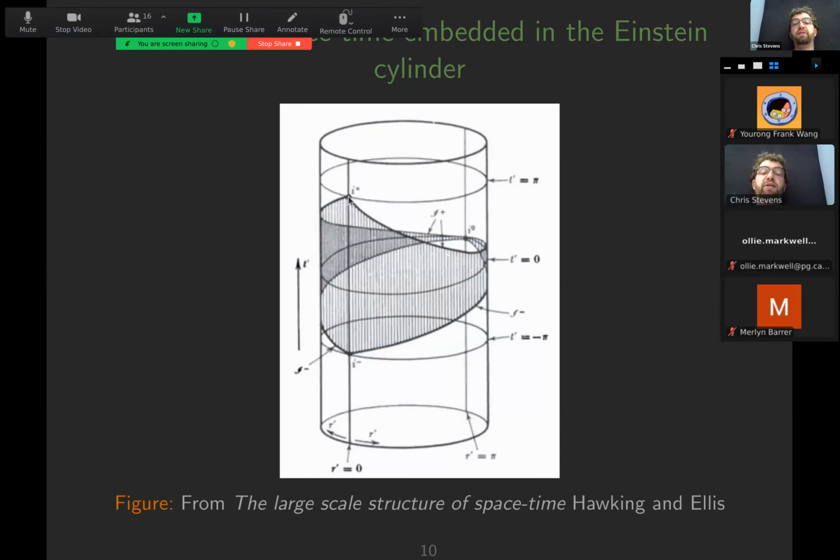So I think a better way of visualizing what we're doing is everything here that is drawn with these vertical lines, all of this stuff, that is the physical space-time. And the conformal boundary is the solid black curve.